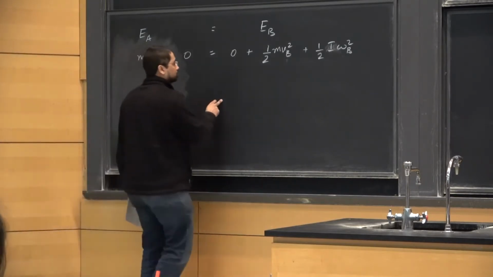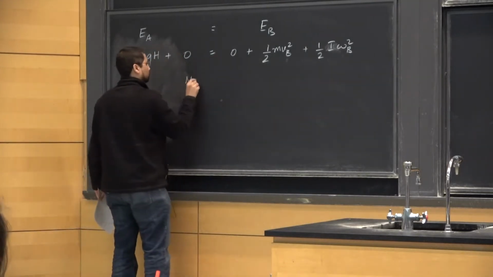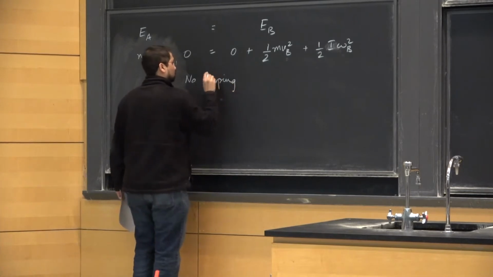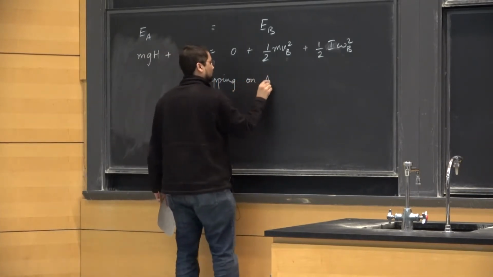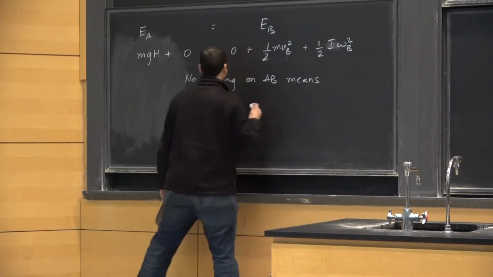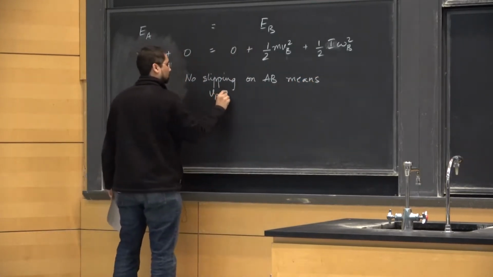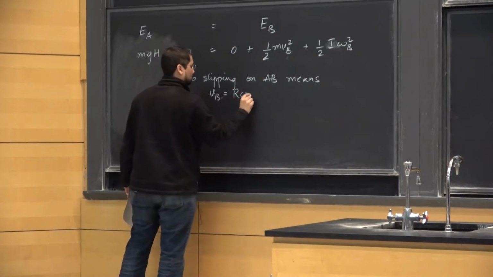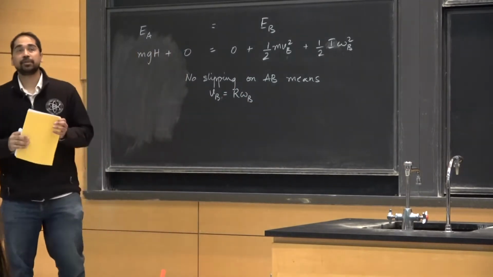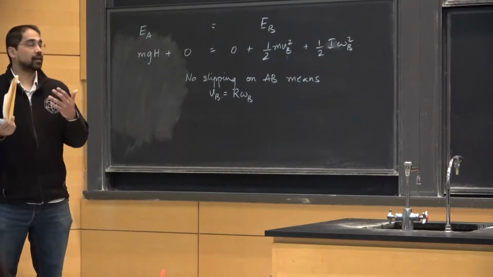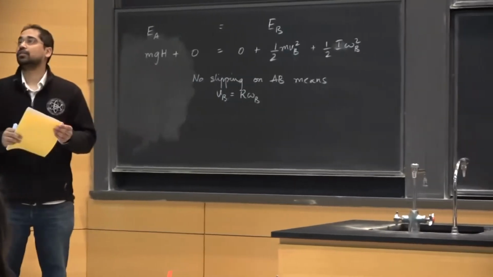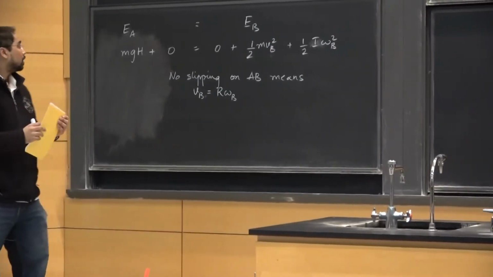I can say VB is R omega B, and this happens only because I'm assuming that the sphere does not slip on the track AB at any point.